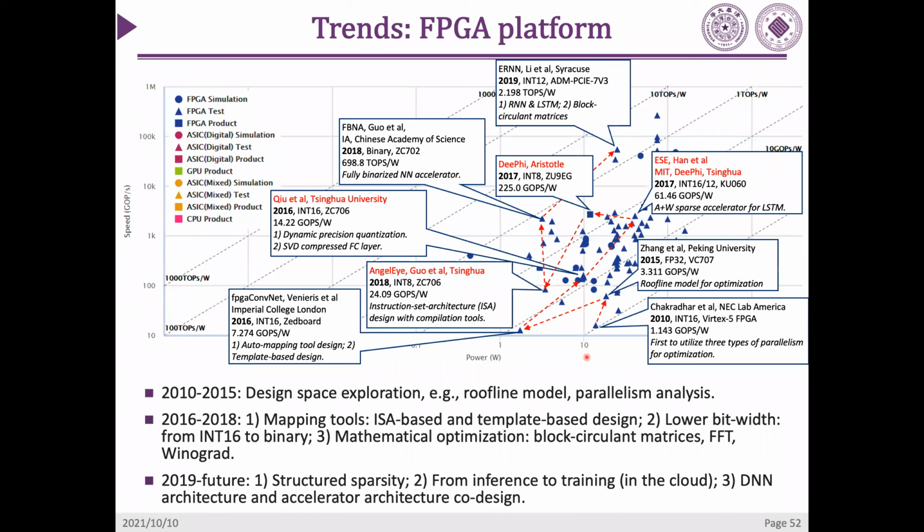From 2019 to the future, we think the trend is structured sparsity, and also moving from inference to training, and network architecture and accelerator architecture co-design.